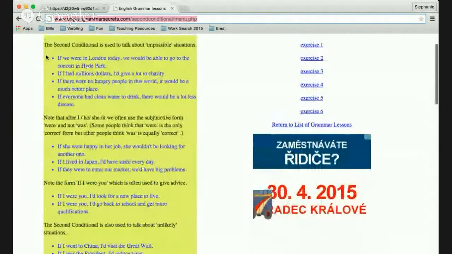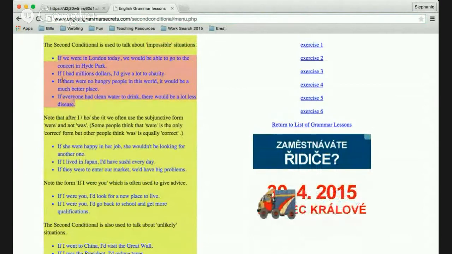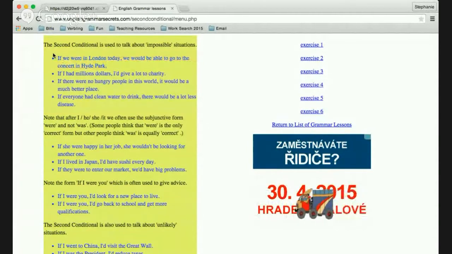They're just very clear and direct. So we're talking about impossible situations. Here are some examples of the second conditional. If we were in London today, we would be able to go to the concert in Hyde Park. Conditionals usually have an if clause, and that's true here.